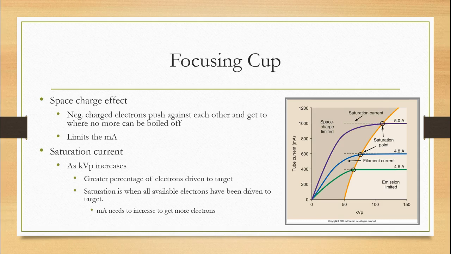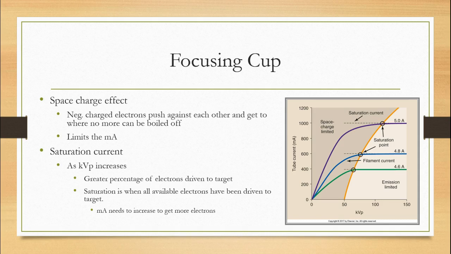So saturation current: as the kVp increases, a greater percentage of electrons are driven to the target. Saturation is when all available electrons have been driven to the target. So your mA needs to be increased to get more electrons. Space charge limits your mA, so you can only have a certain mA for what you've selected. Only so many are going to boil off, okay? And then there's no more room for any more to be boiled off. Saturation is when you have a high kVp and it pushes all of those across, so all available are driven to the target.